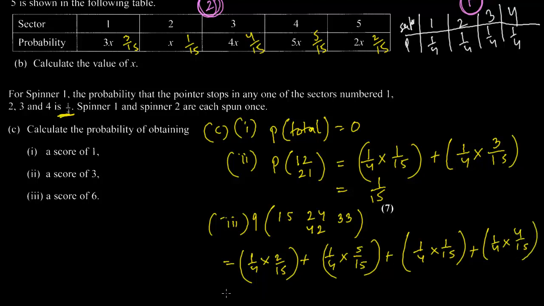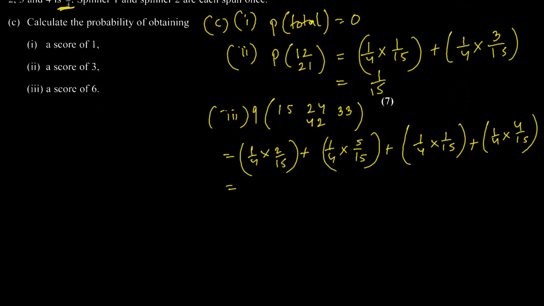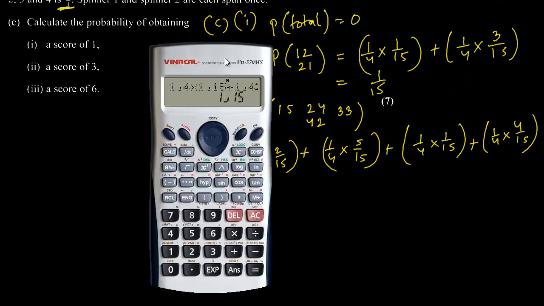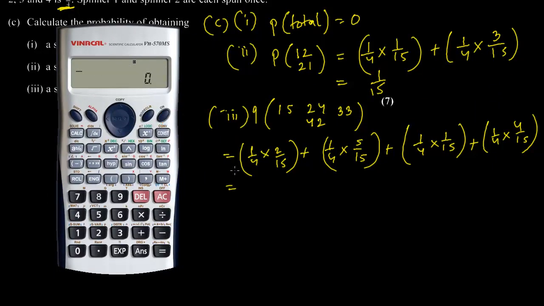Let's do the calculation here. Let me do this quickly. 1 by 4 times 2 by 15 gives 2 by 60, so 1 by 30. Plus, 5 threes are 15, and 4 threes are 12, so 1 by 12.